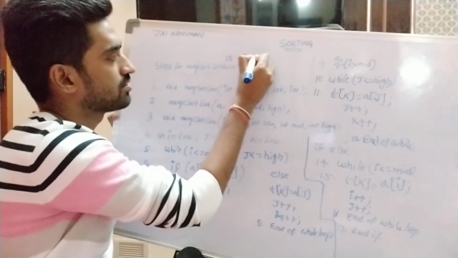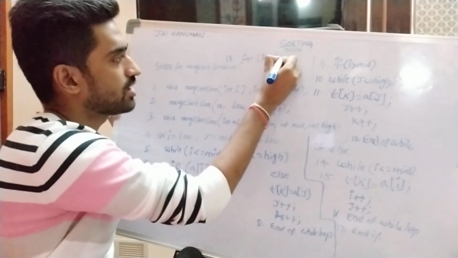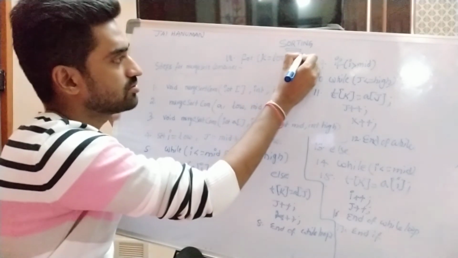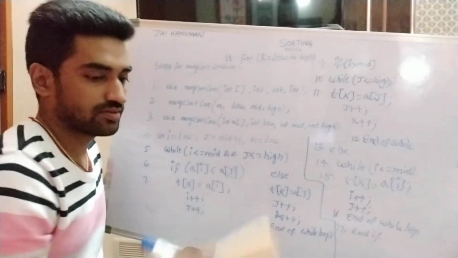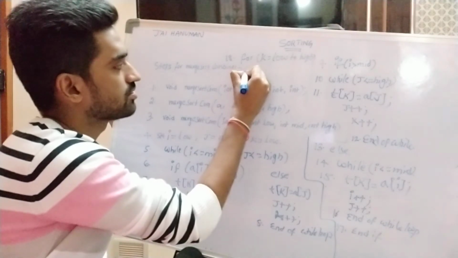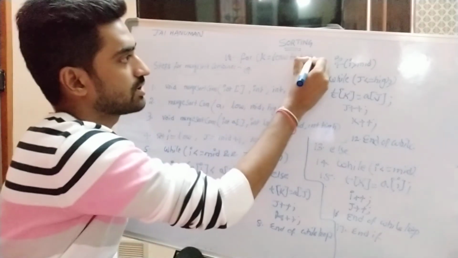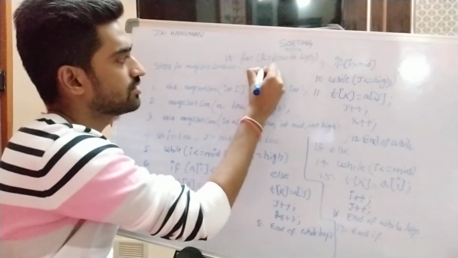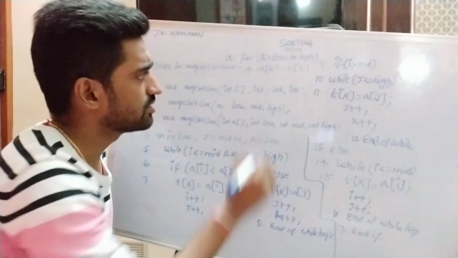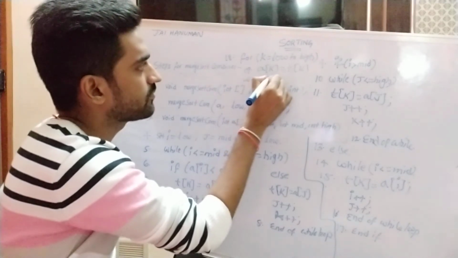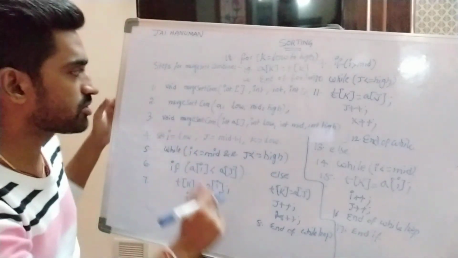For k is equal to low to high, then we are copying y of k is equal to t of k, right? So finally we are closing the end of the for loop. Right? So this is the procedure for combine.